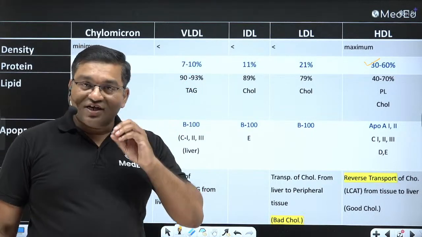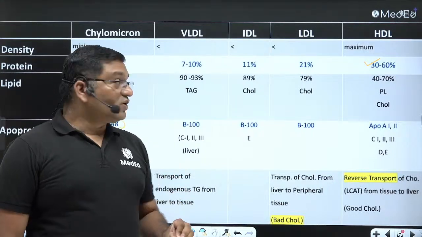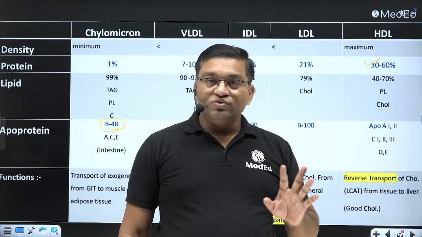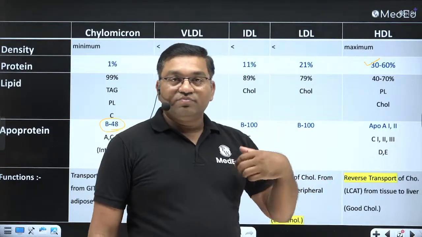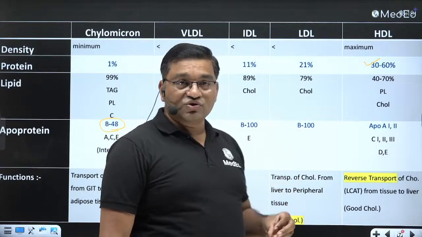VLDL is for the transport of triacylglycerol from liver to the peripheral tissues. LDL also carries from liver to the peripheral tissues. That's why it is important, for it causes deposition of cholesterol in the peripheral tissues, and it can cause atherosclerosis.